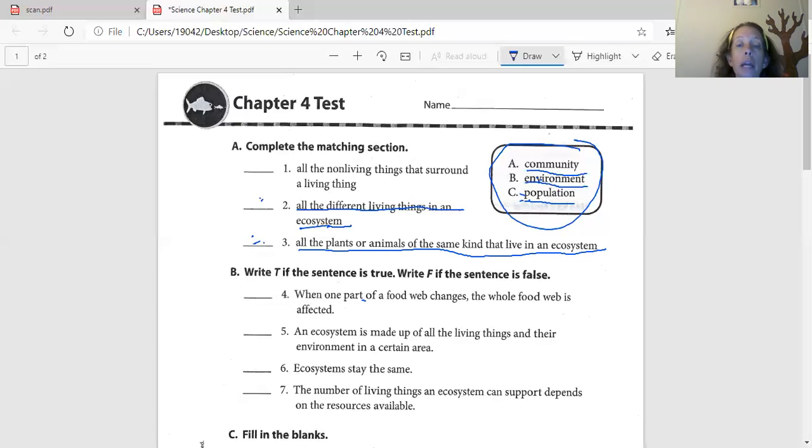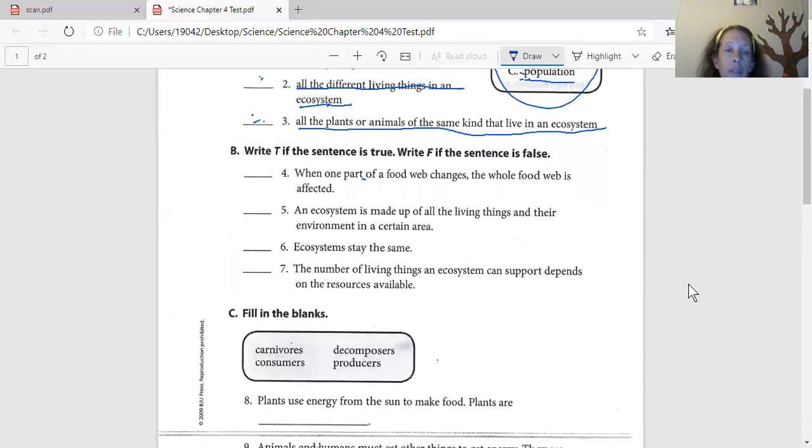All the plants or animals of the same kind that live in an ecosystem. Community, environment, or population. Are you finished with 1, 2, and 3? Yes or no? Raise your hand for no. Good. Keep working. Yes, we are on B. Thank you, darling. All right. Nope, we're moving to number 4. Okay.